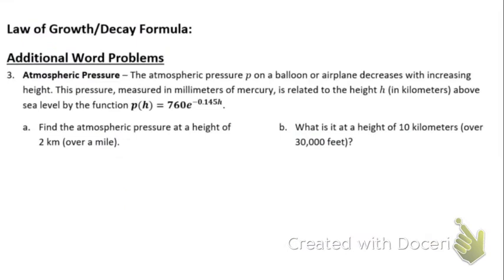All right, so on these word problems, anything is fair game. It might be using e, the natural number. It might have a different base. All right, we're going to write the law of growth and decay formula first, though. The law of growth and decay formula, f of x is equal to a. That would be my initial or starting amount, my y-intercept.